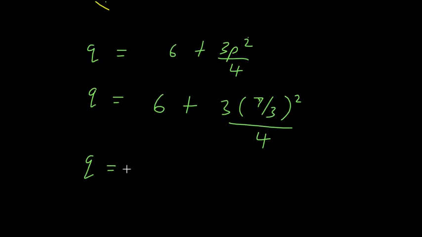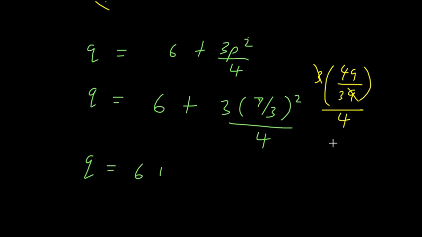So we can further simplify. Now it's 49 over 9, times 3, divided by 4.